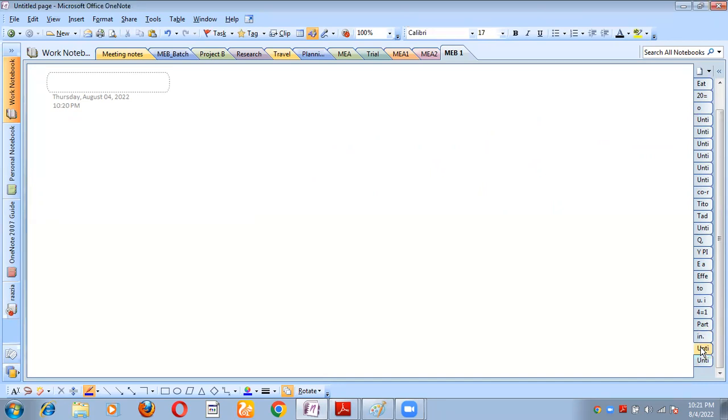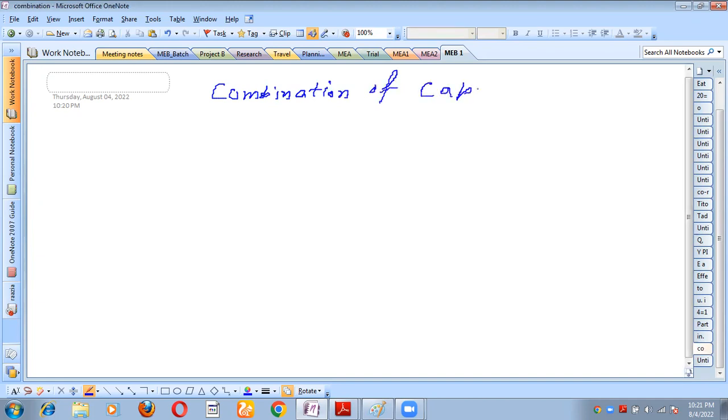Generally most of the questions are asked based on combination of capacitors. So we will see combination of capacitors. This is the very important and easiest thing.